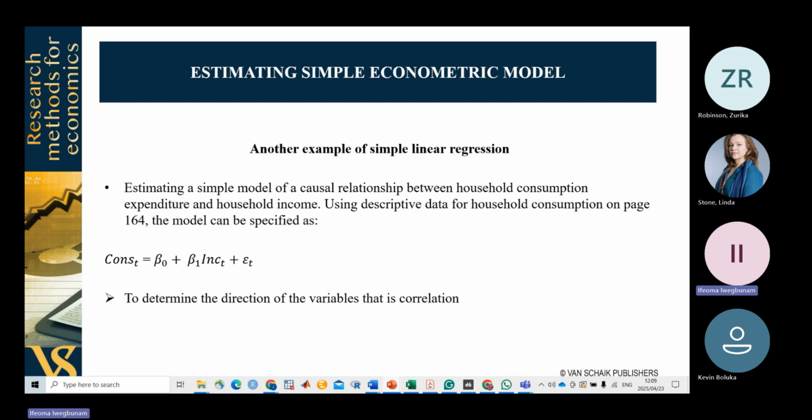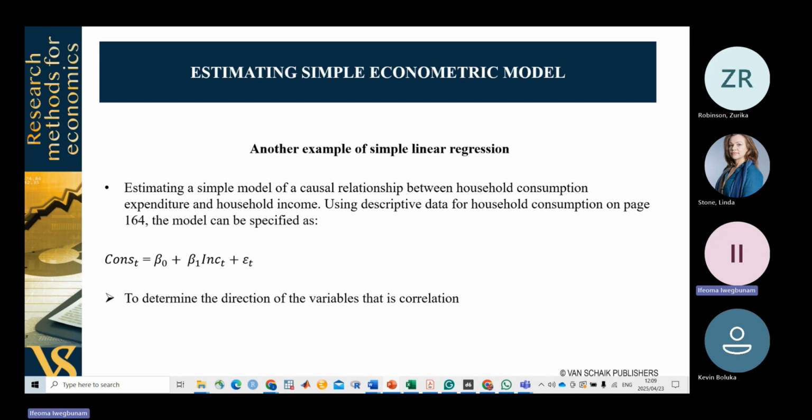So we can also look at this model, the data for household consumption on page 164 in the recommended textbook. And then we'll see the table, the data given there.